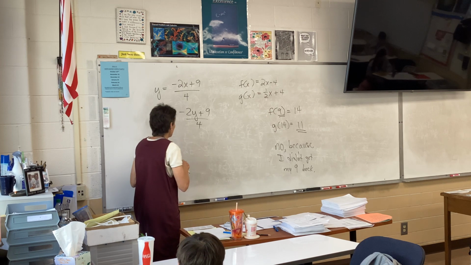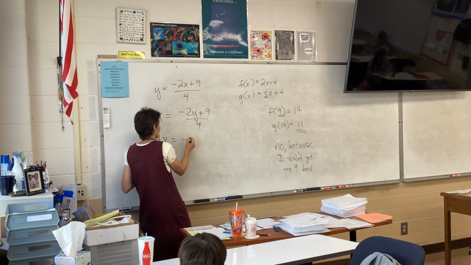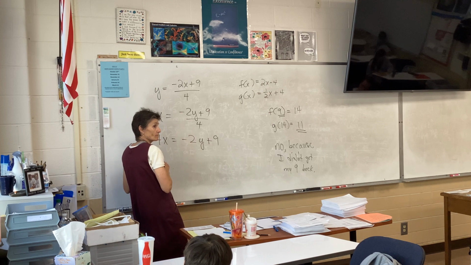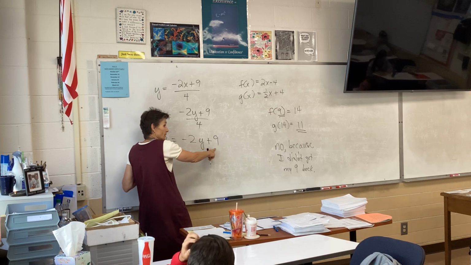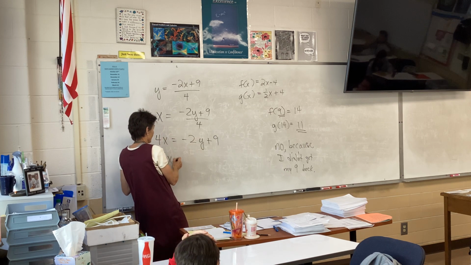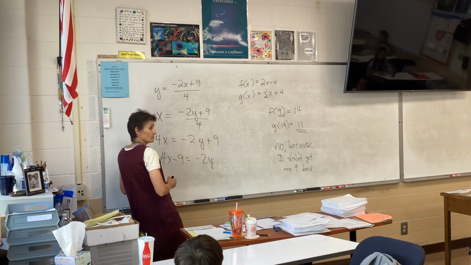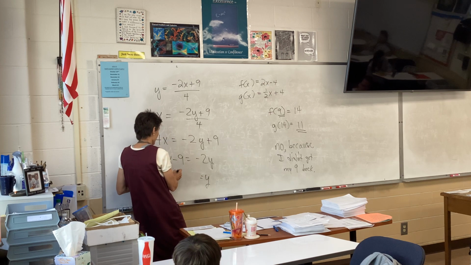Then, Brennan, I will multiply by 4. I'm trying to get y by itself. So I multiplied by 4. Now I will subtract 9. And then I will divide by -2.